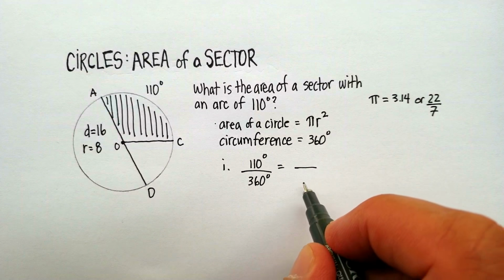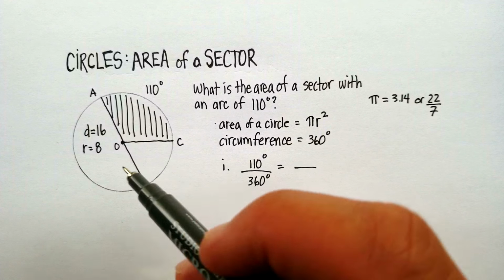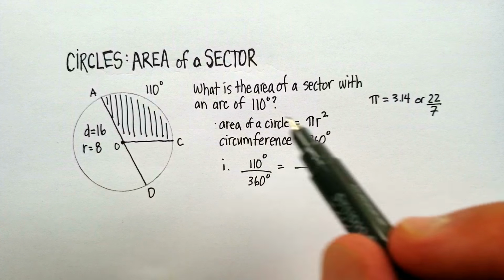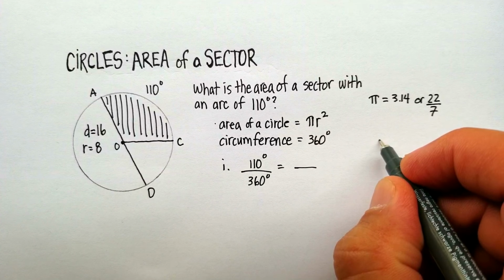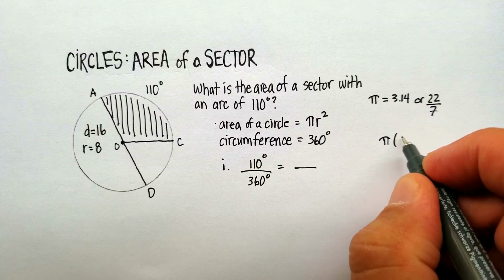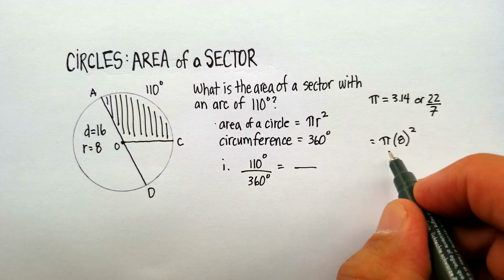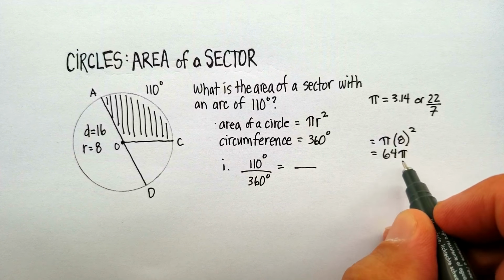We would put that down here. The area of the circle is pi r squared. We were given that the diameter was 16, so the radius should be 8. So let's put this in over here on the side: pi times 8 squared, which would give us 64 pi.